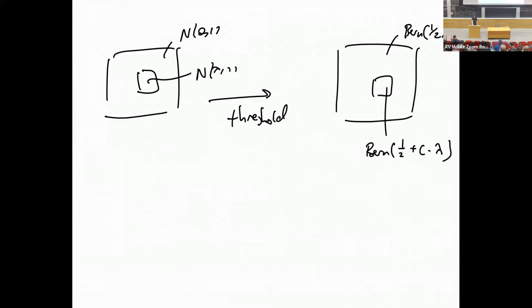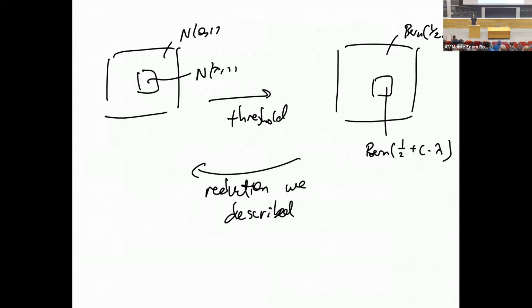One can map here essentially by the reduction we described. It actually turns out that one doesn't need to start with a clique to map to biclustering. You can start with this instance of planted dense subgraph. So those two are equivalent, and that's quite good.